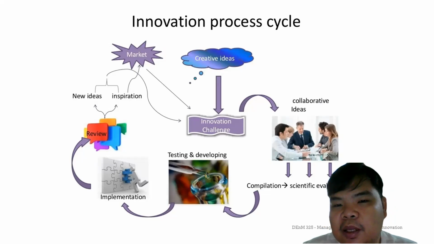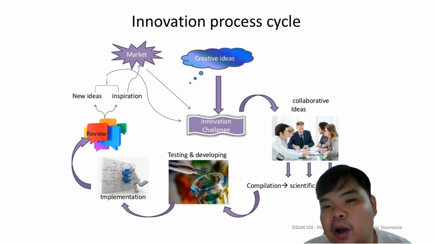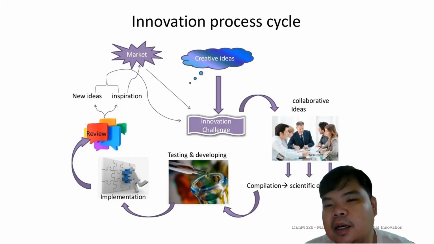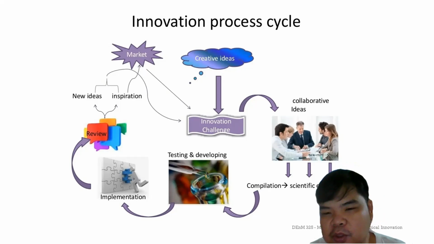If you're going to have an innovation, there is a process on how to have that. You have an innovation challenge coming from a certain creative idea. Now, how are you going to have that? By having collaborative ideas and brainstorming.